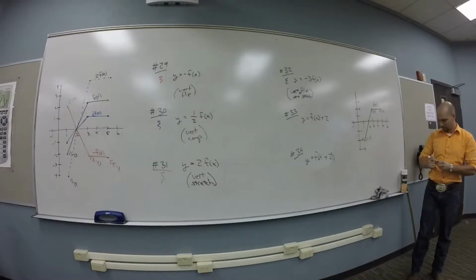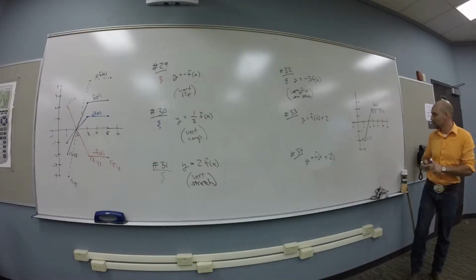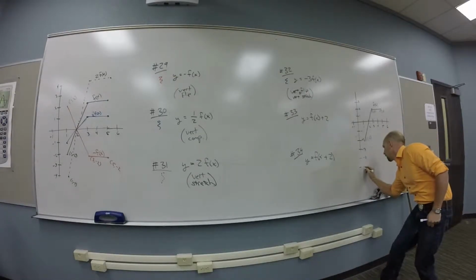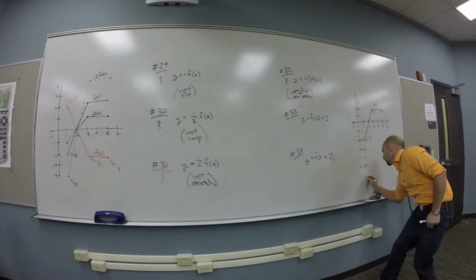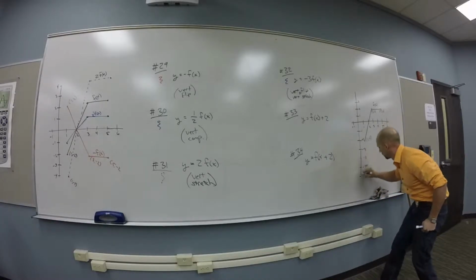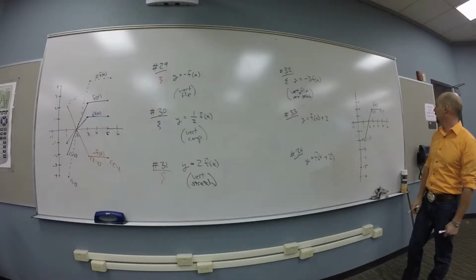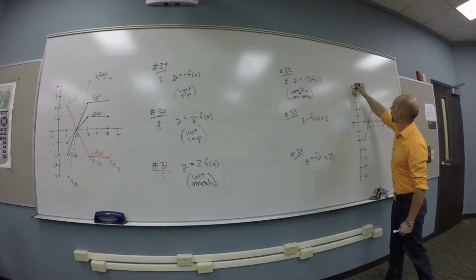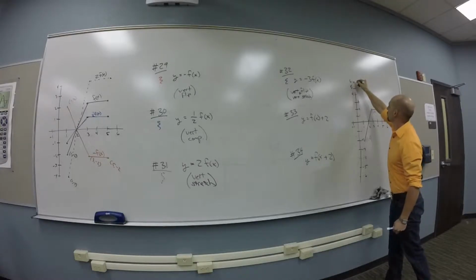Oh wow, my picture needs to be a lot bigger. So I need a -4, -5, -6, and a 4, 5, 6 on top.